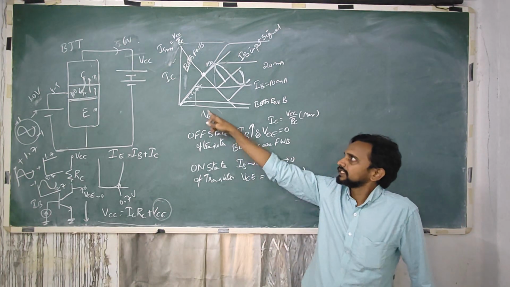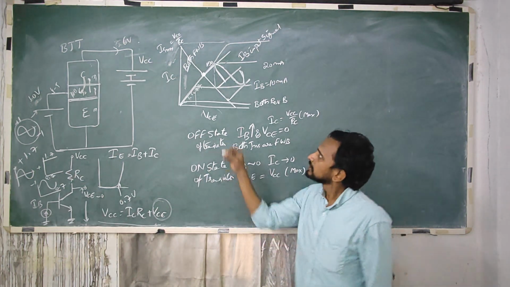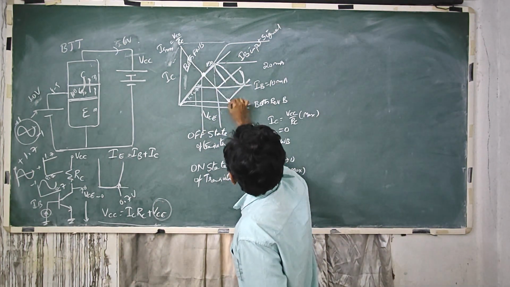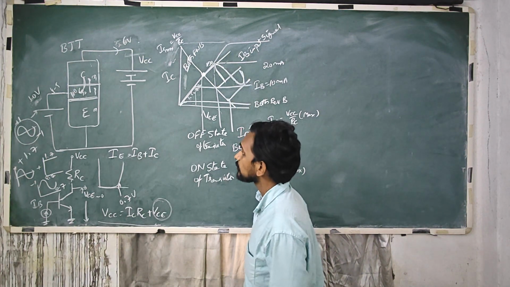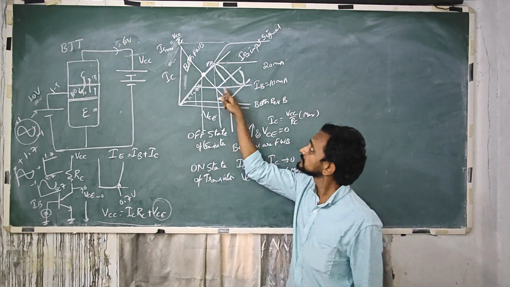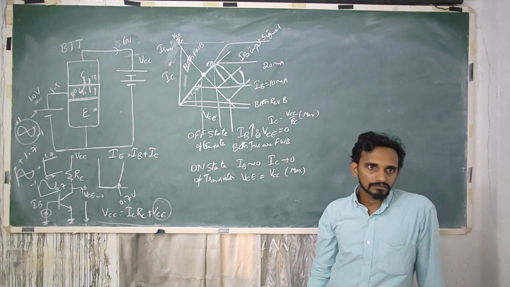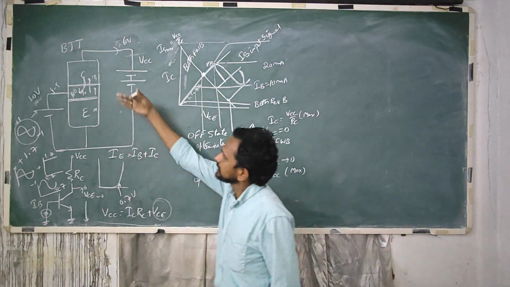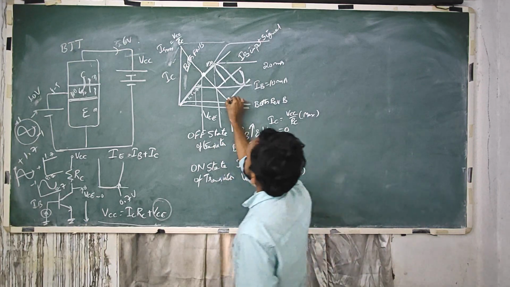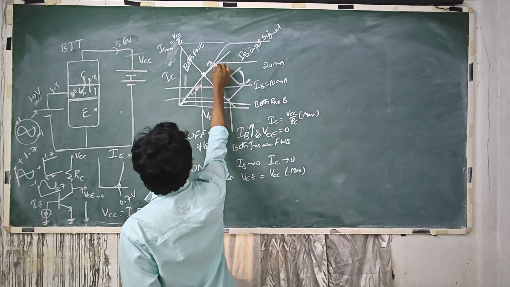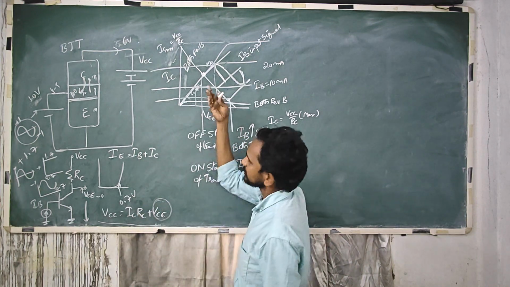How does it affect VCE and how does it affect IC? If IB rises, IC also increases.